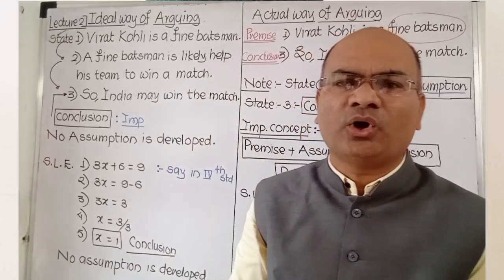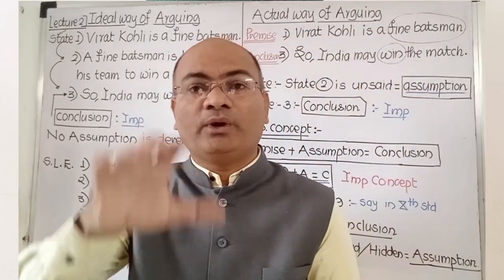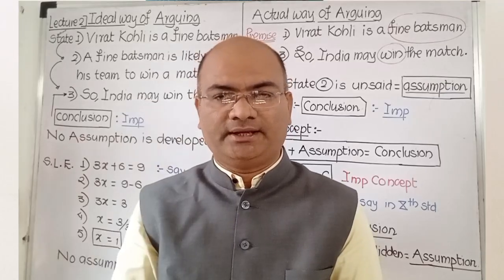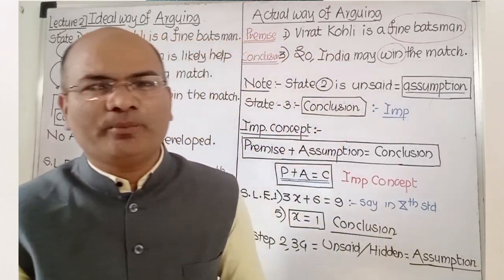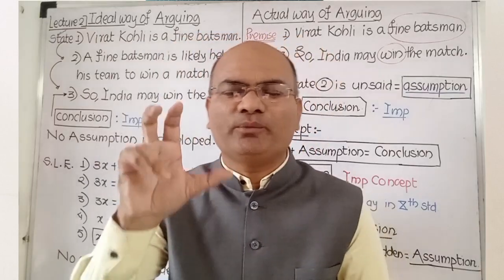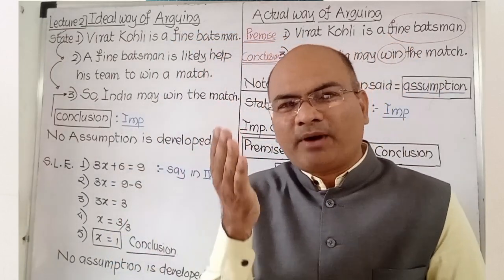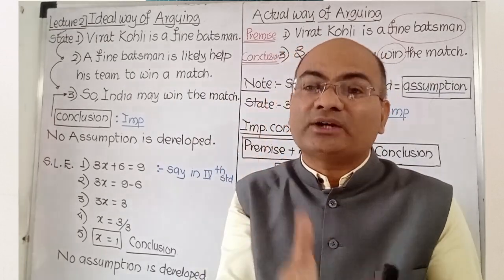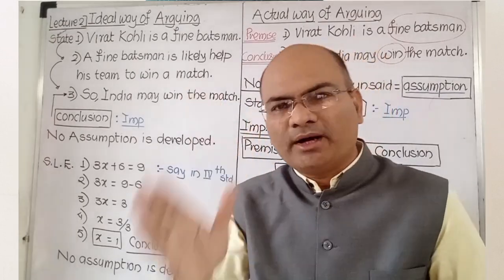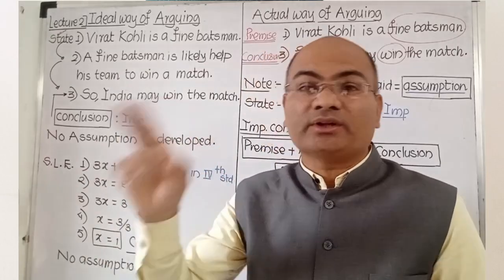Actually, this part belongs to analytical reasoning or critical reasoning, where arguments are important. Okay, so what is an argument? If you want to define it, an argument has statements, clauses, phrases, one part of which is to claim something, and if claiming is there, then we are drawing assumptions, and another part of which is to conclude something, and if we want to conclude, then we are drawing conclusions.